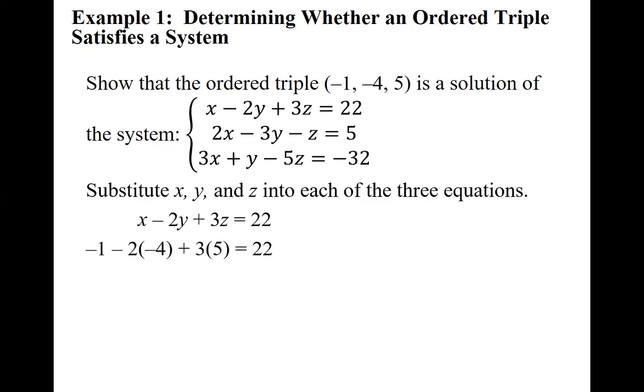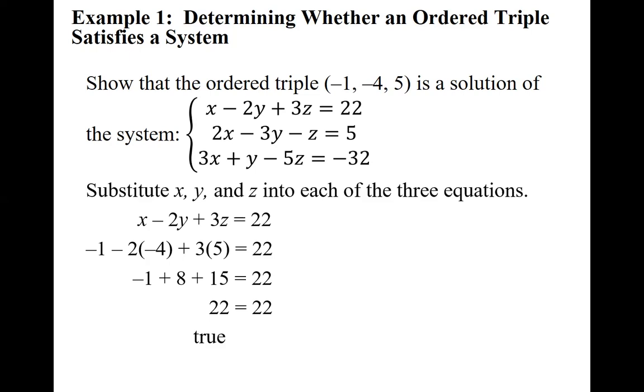Let's go ahead and multiply the -2 times the -4 to get a +8, the 3 times the 5 to get a +15, -1 plus 8 plus 15. That would be 7 plus 15, which is 22, equals 22. That one's true. Unfortunately, we need to move on to the second equation.